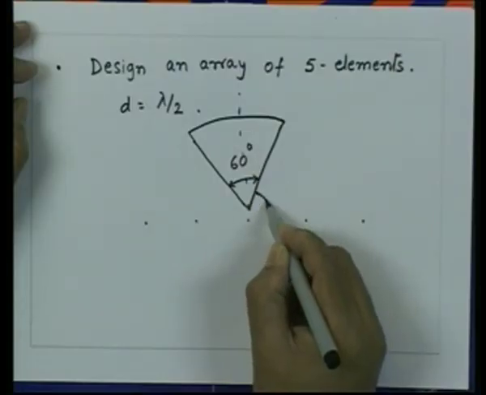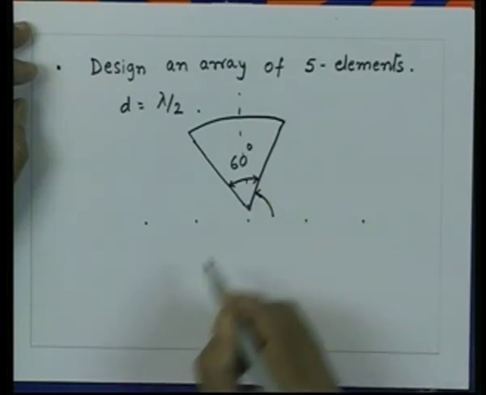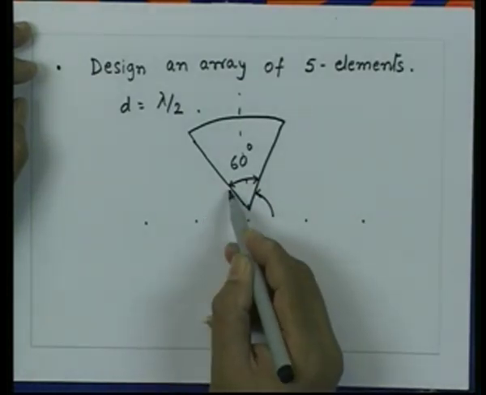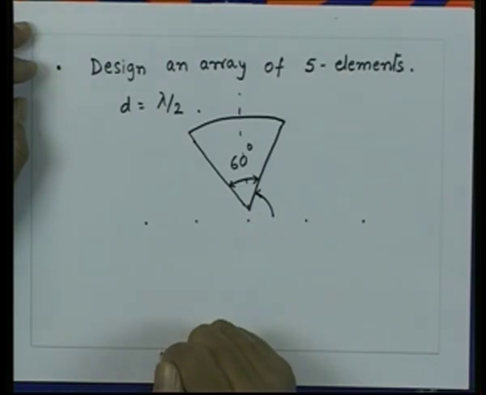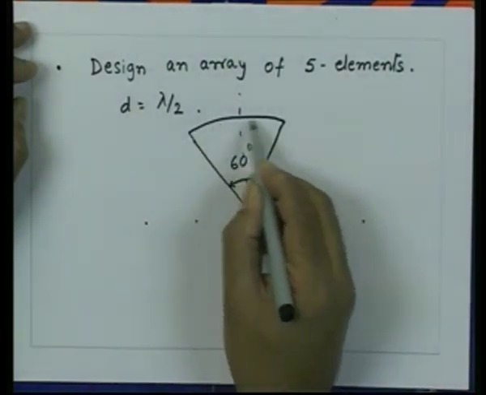So we have a requirement where phi from here to here the radiation pattern is 0, and over this sector it is 1.